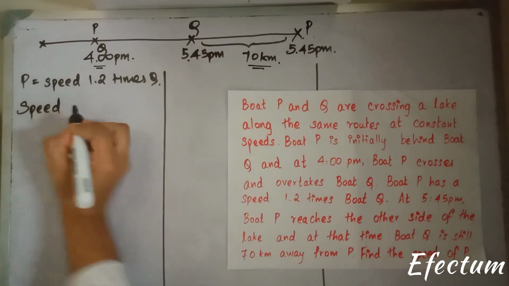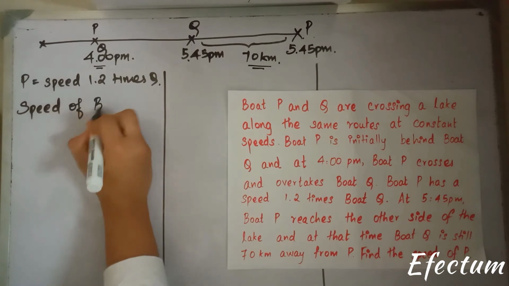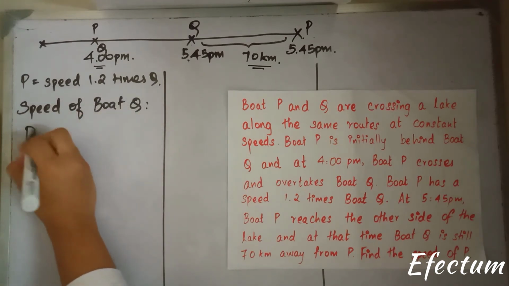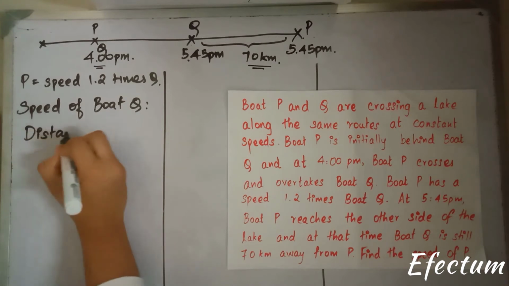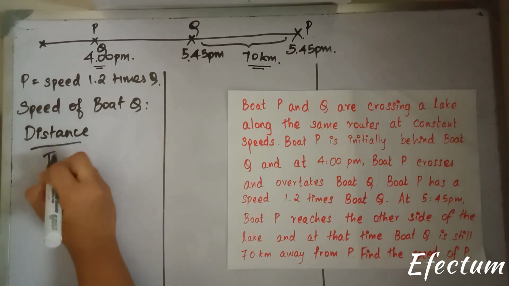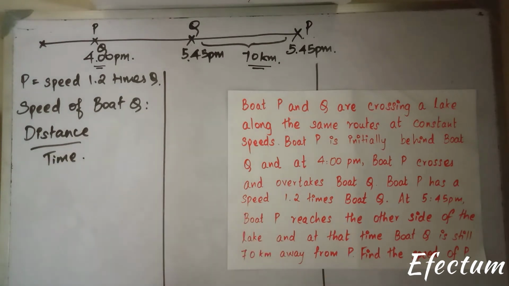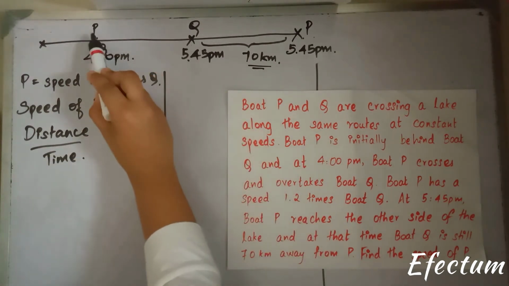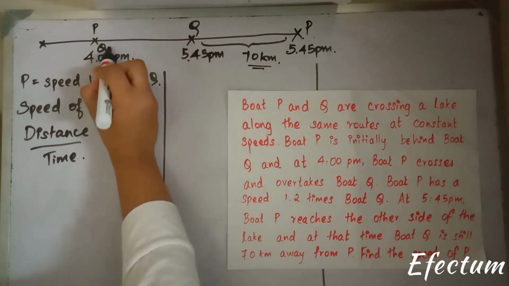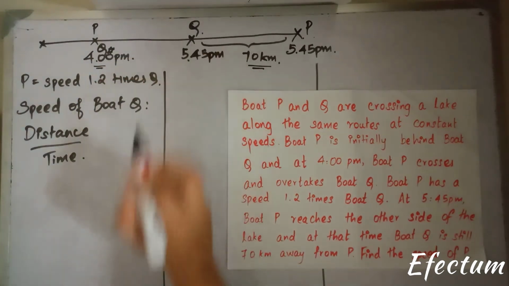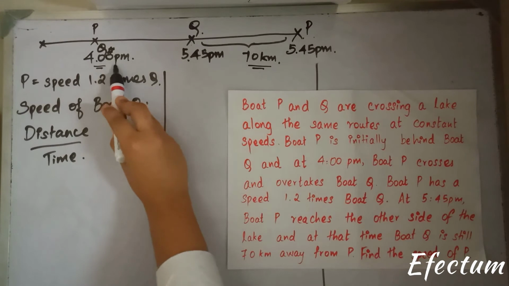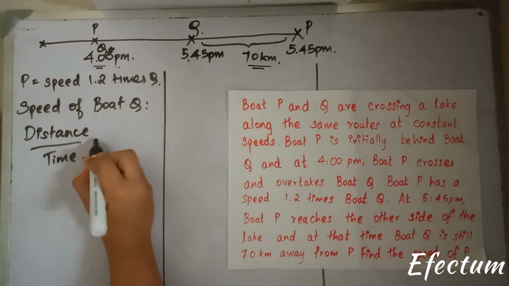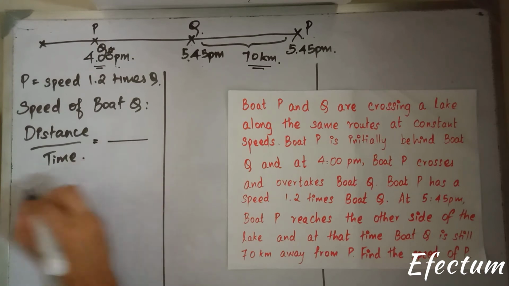Let's just say I'm finding the speed of Q. What will I need? I will need distance by time. What is the time taken from this spot? Q was originally at this spot, to this spot. What is the time taken? It is 1 hour 45 minutes, because it's from 4 to 5:45.